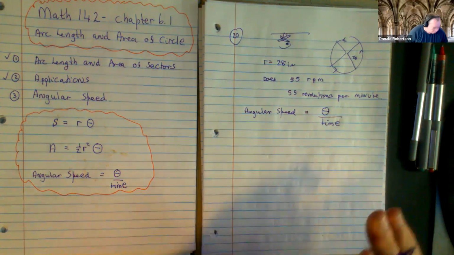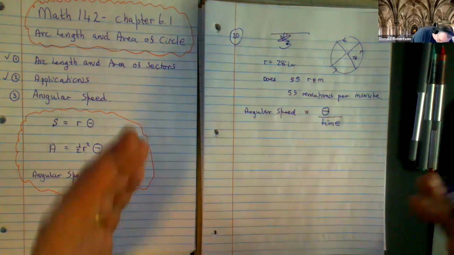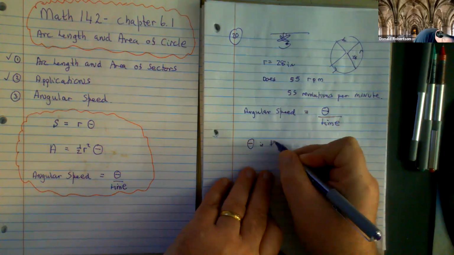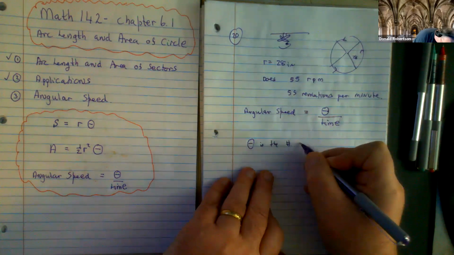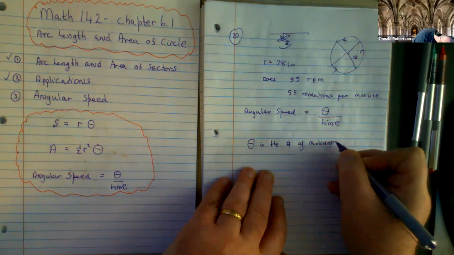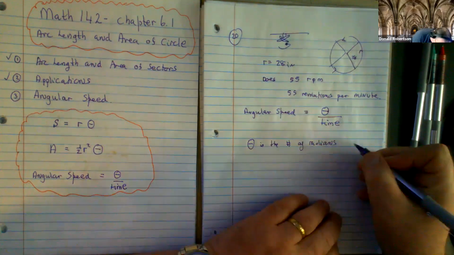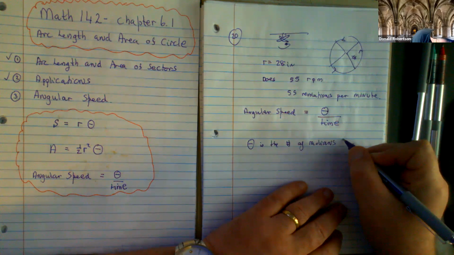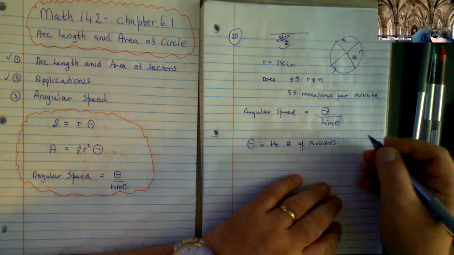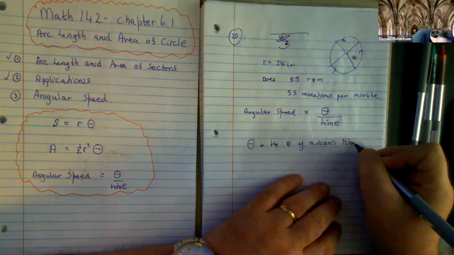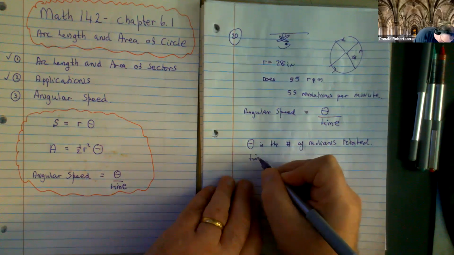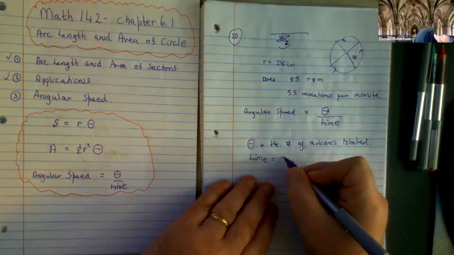Theta is the number of radians rotated, and obviously time. In this case, is 1 minute.